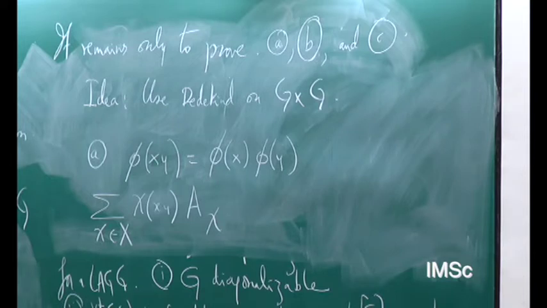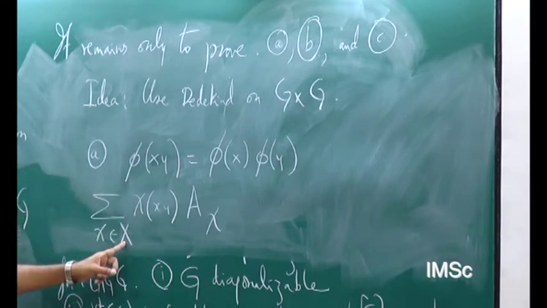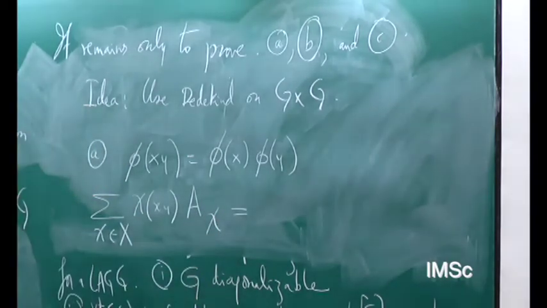I'm just substituting xy into this equation, I mean replacing x by xy. I'm writing the left hand side. Now phi x is this. Phi y would be the same with y here.